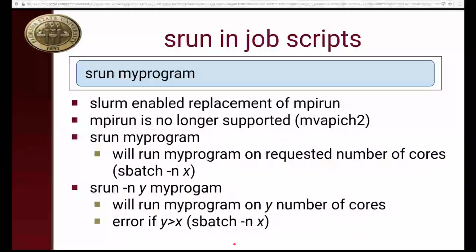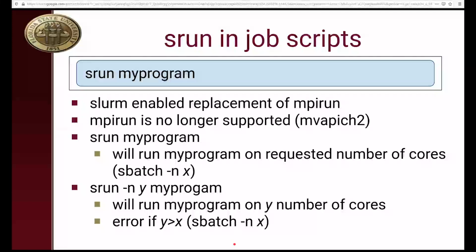Now, there's another way of running srun. In my opinion, Slurm should have just given a different name to this. If you used MPI in the past, you probably used something called mpirun. So mpirun spawns multiple processes on different nodes or different cores, and then it initializes your parallel program.